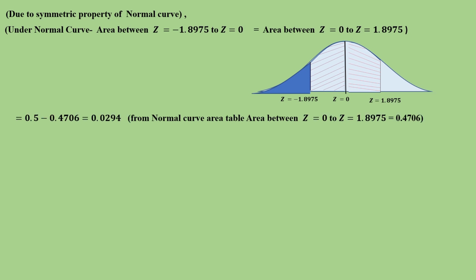So 0.5 minus 0.4706 is equal to 0.0294. Hence the probability that the mean of the sample of size 90, not 900, will be negative is 0.0294. Small typo error, just correct it. Thanks.